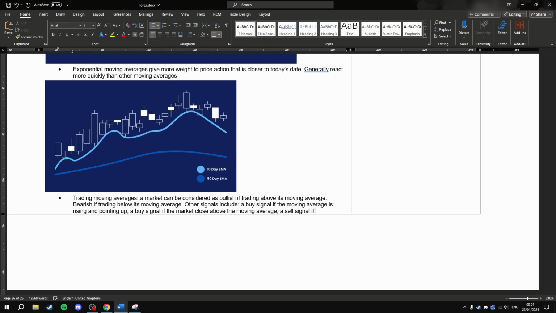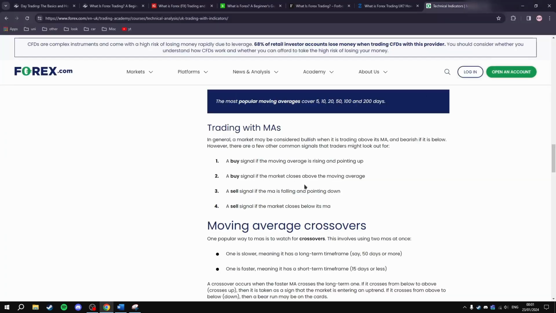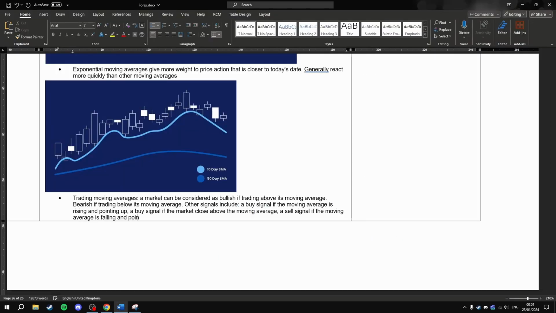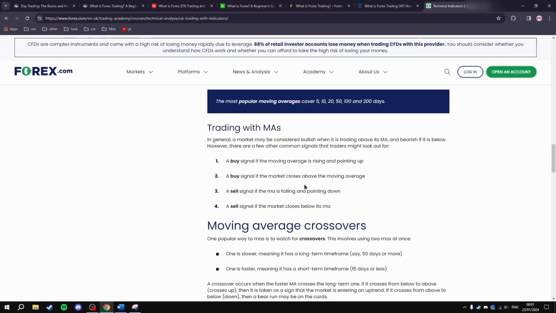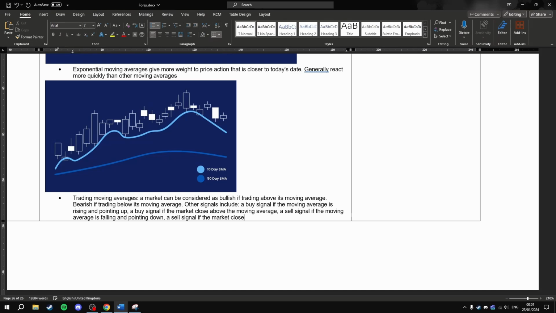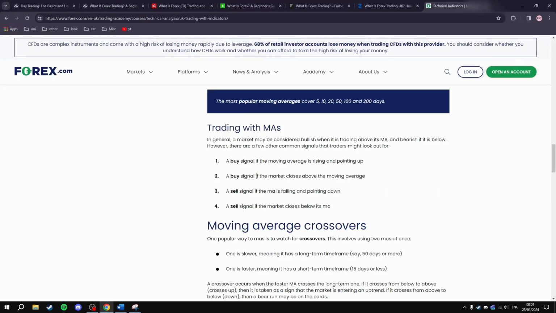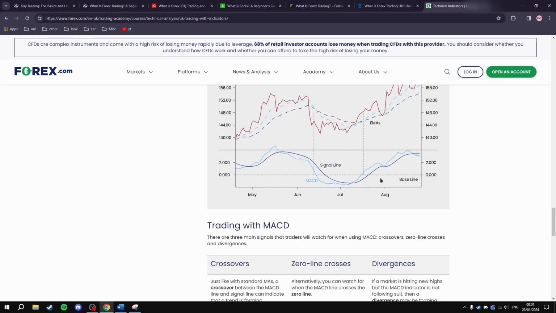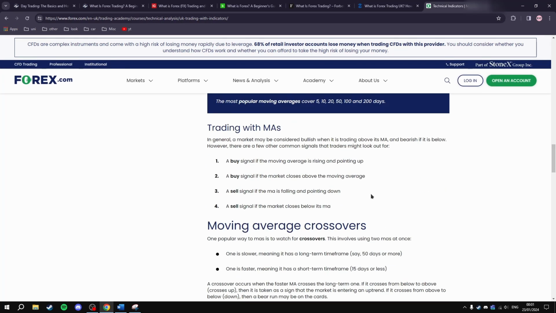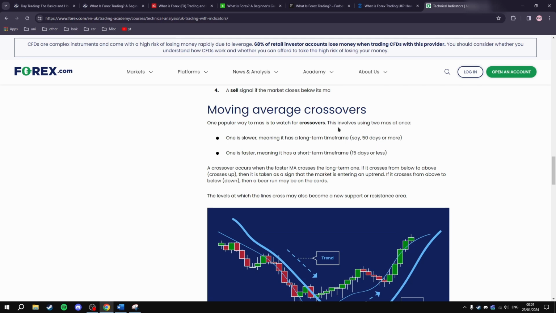A sell signal if the moving average is falling, pointing down, or the market closes below. Okay, moving average crossovers.